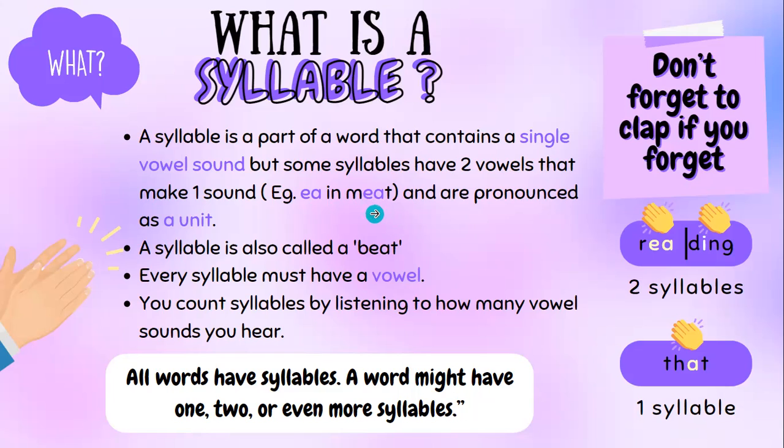An easy way to find what the sound is when two vowels are together is to first look at the first vowel, and that will say which sound it is. And if there's a second vowel, then it will be a long sound. For example, in the word meat, the E tells us that there is an E sound, and since there is an A after the E, then we know that it's a long E sound instead of a short E sound.